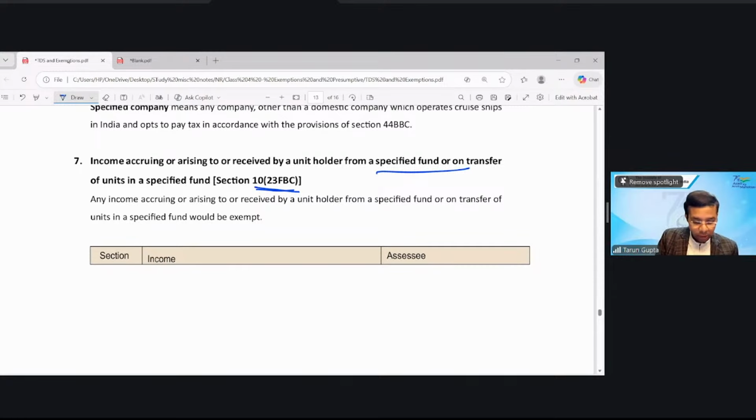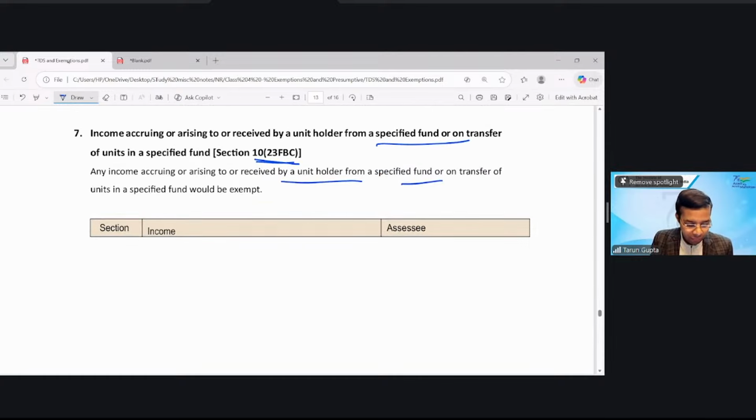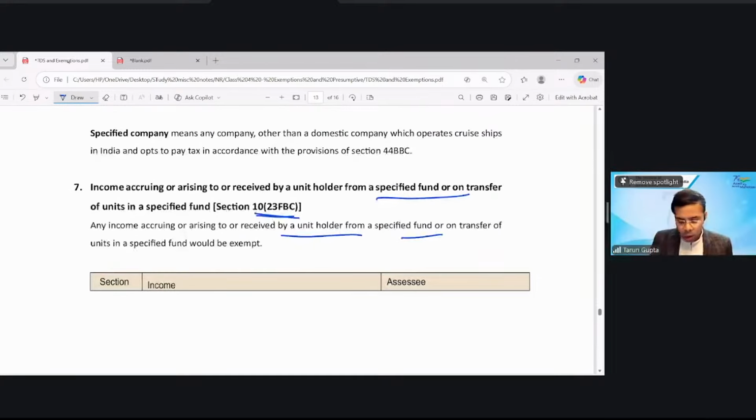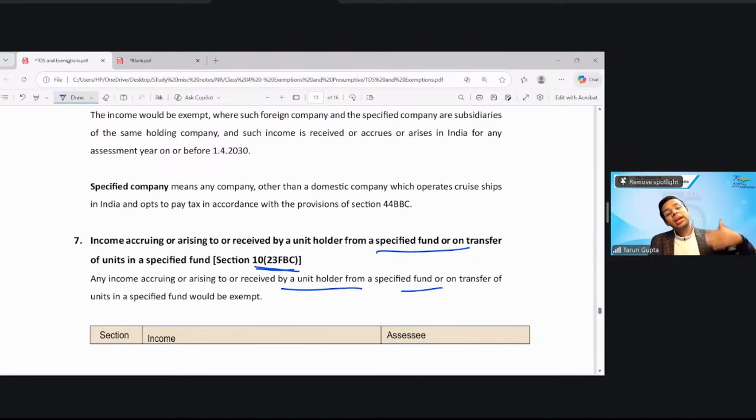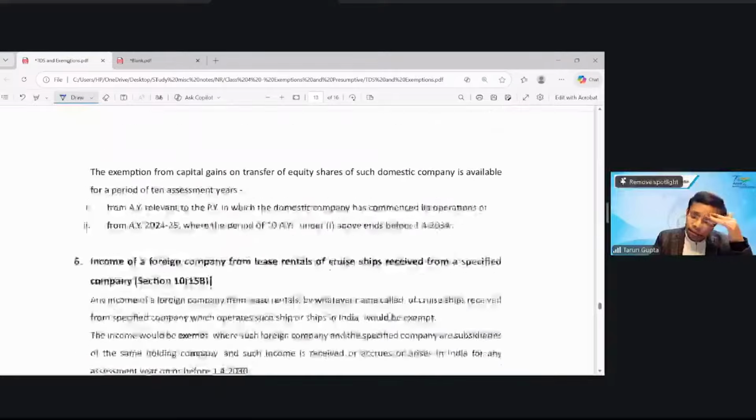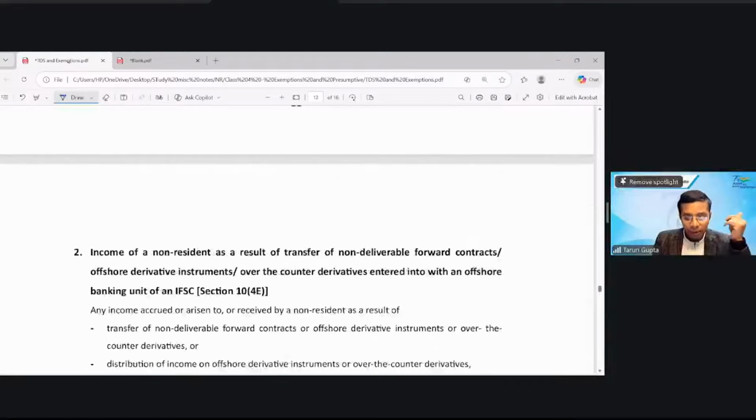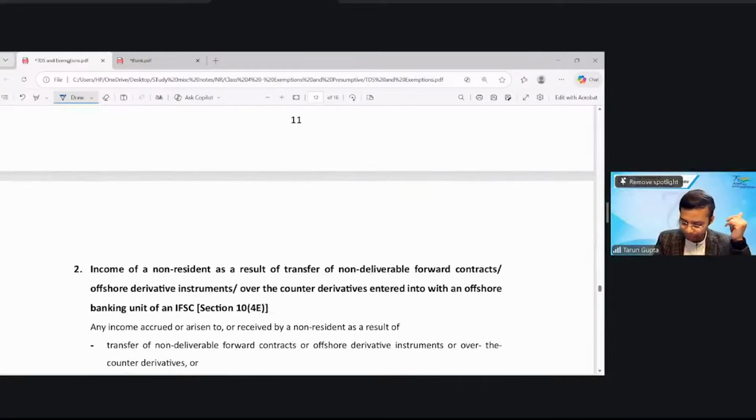So earlier they exempted the income of the specified fund, and in this section they exempt the income of the non-resident unit holder of this specified fund as well. So got it? A big relief to the specified fund and its unit holder.